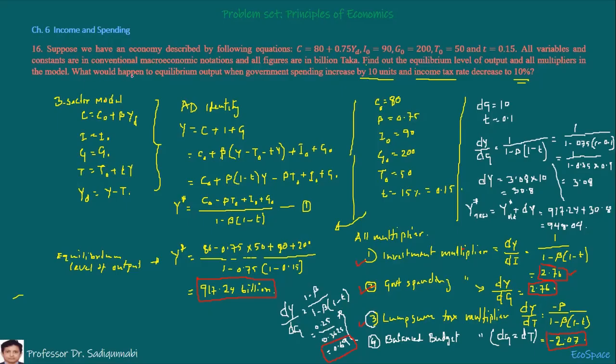The second part is what would happen to equilibrium output when government spending increases by 10 units. That means dg equals 10, and income tax decreases to 10%, that means t equals 0.1. So the new equilibrium is y star new equals y star old plus dy, which is 948.04.